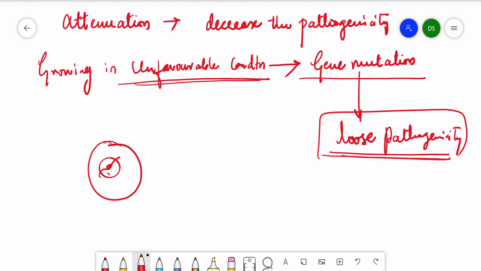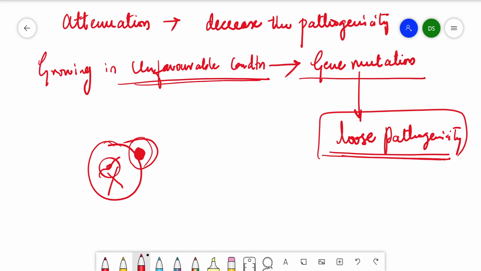Now it has lost its pathogenicity, but it will still have the epitope. Our immune cells will recognize this epitope, and this will produce the immunogenic effect in our body.